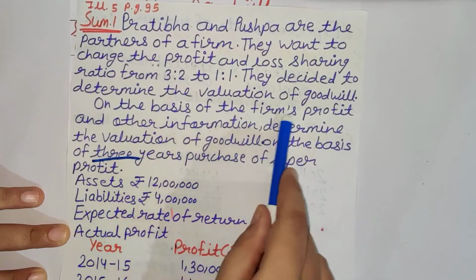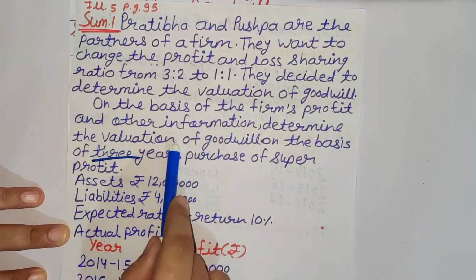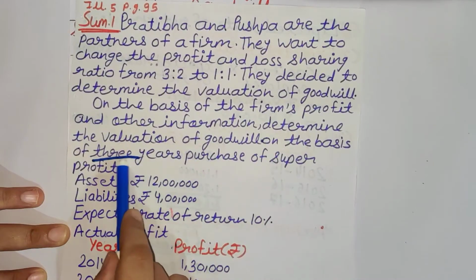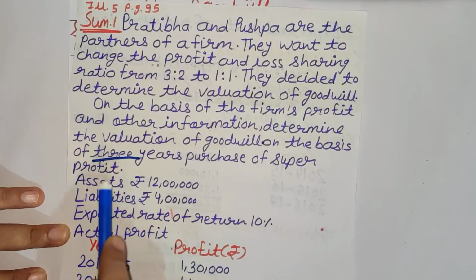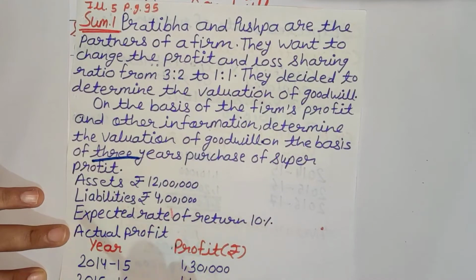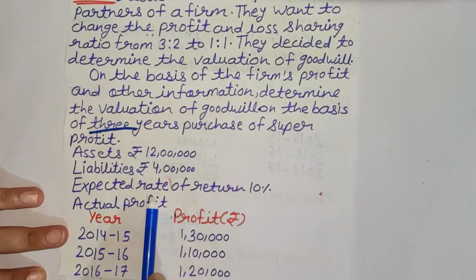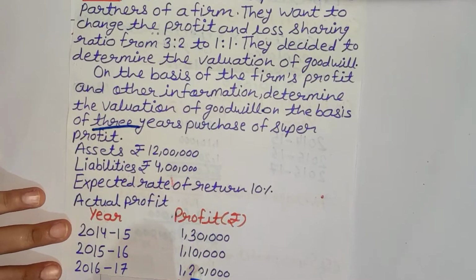On the basis of the firm's profit and other information, determine the valuation of goodwill on the basis of 3 years purchase of super profit. Assets rupees 12 lakh, liabilities rupees 4 lakh, expected rate of return 10%, actual profit, here the years are mentioned and the profits are mentioned.